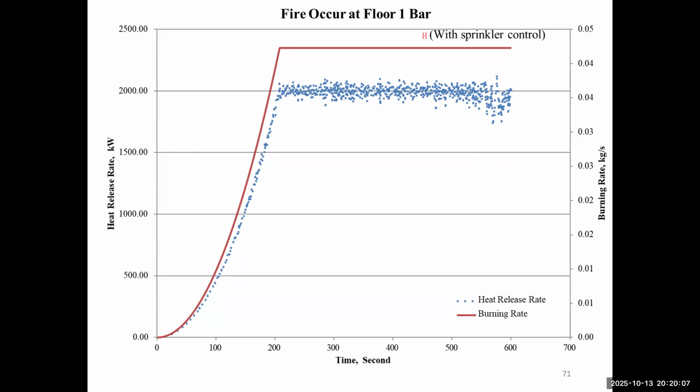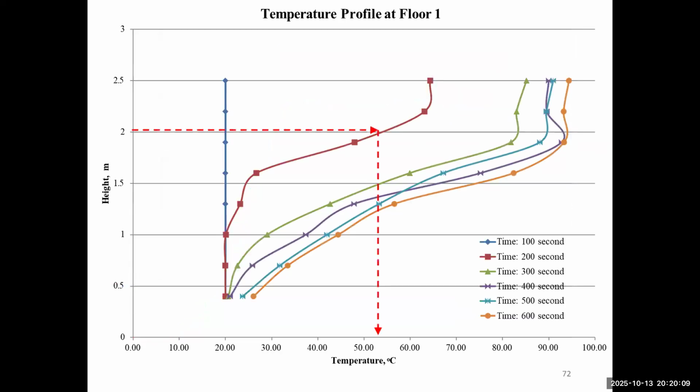let's see, we have another very important profile, that is the temperature profile at floor 1. What does this temperature profile mean? You can see several lines in the figure. It is temperature versus height at different times, from 100 seconds to 600 seconds.